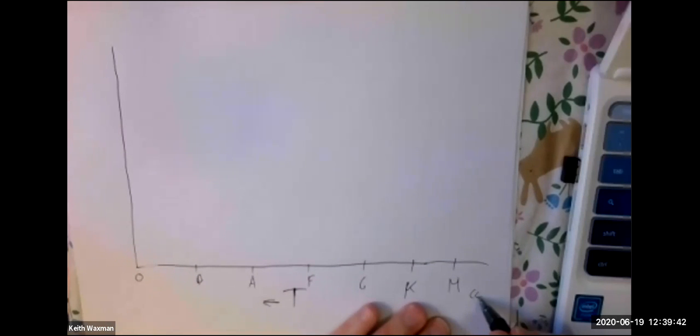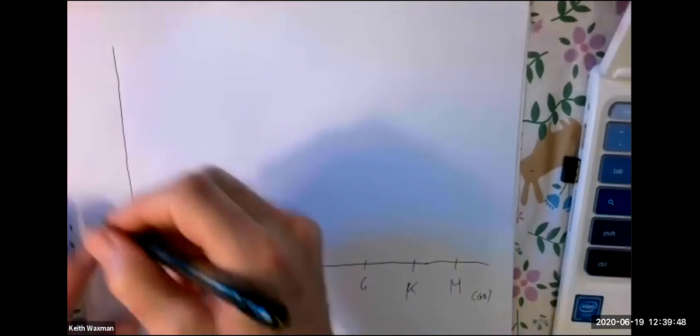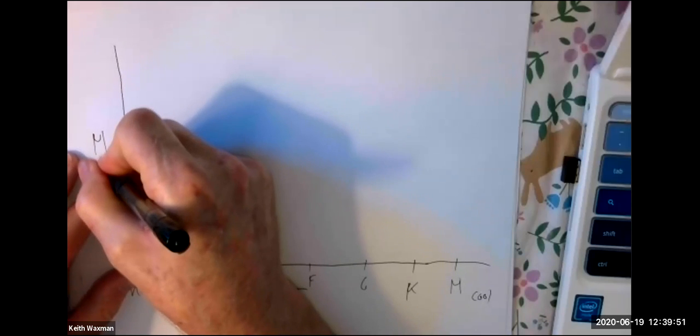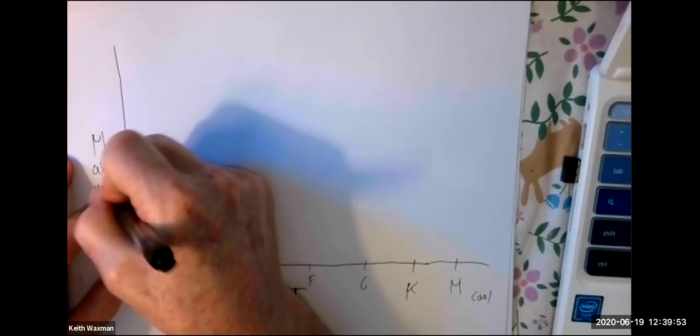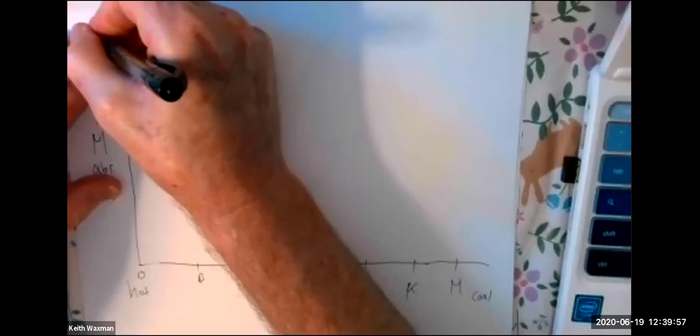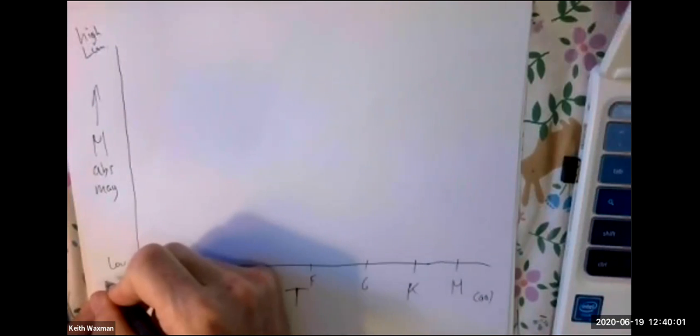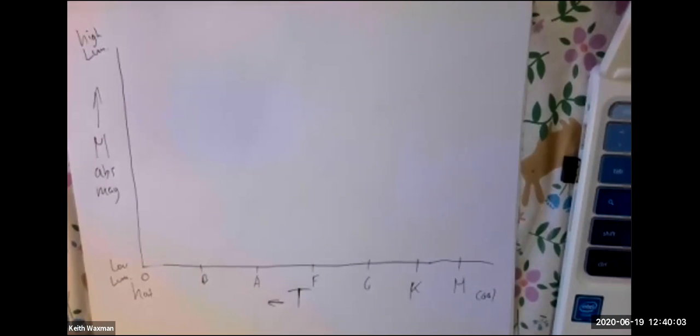These are cool. These are hot. We also over here have absolute magnitude getting bright, so high luminosity. And here's low luminosity for stars.